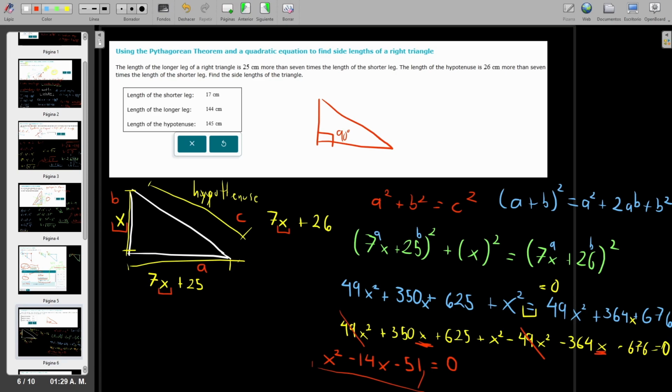It's going to be x squared. Remember, you need to know how to factorize all these parts. Now, if we do this, remember we need. Do you remember how to factorize these parts?